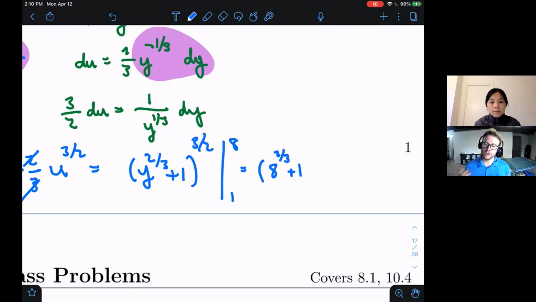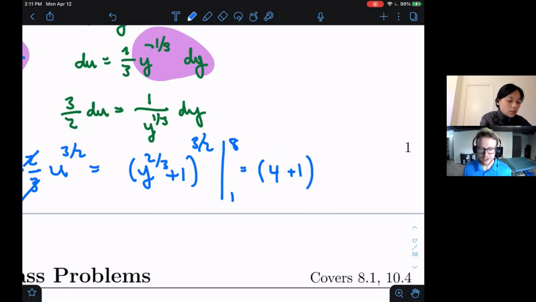So we have to apply a cube root and we have to apply the squaring function. Luckily, you can do it in either order. So I'm thinking about the cube root of 8. The cube root of 8 is 2. And if I take 2 and square it, 2 squared is 4. So this all simplifies down nicely to just 4.